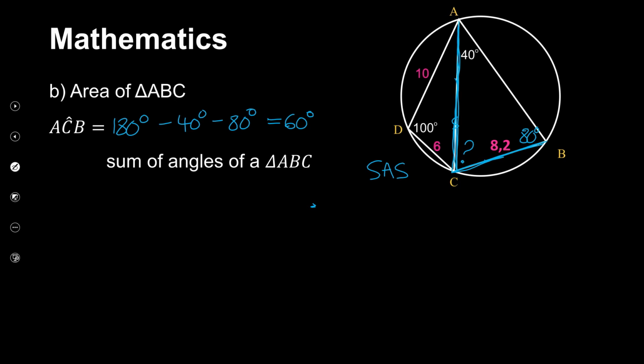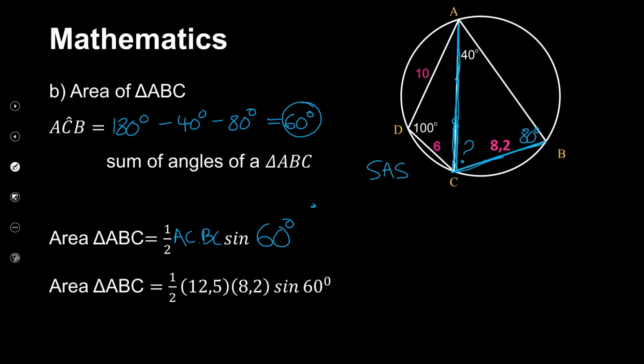Okay, now to plug our values into our area rule. Remember, area is equal to half AC times BC times sine of the angle in between, and the angle in between we just found to be 60 degrees. So plugging in values, earlier we found AC to be 12.5 and BC to be 8.2.